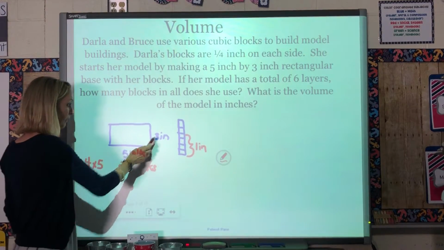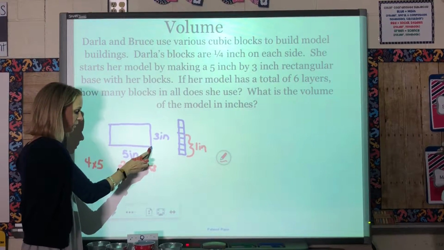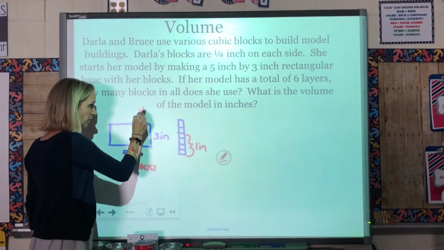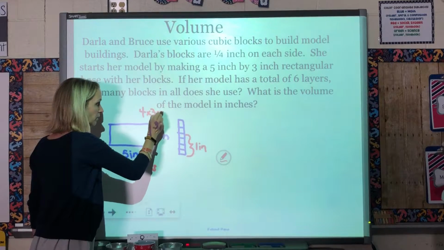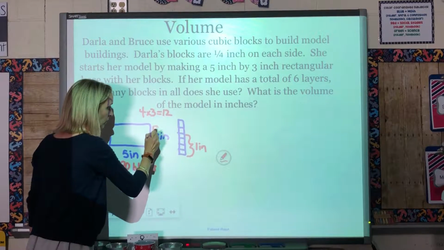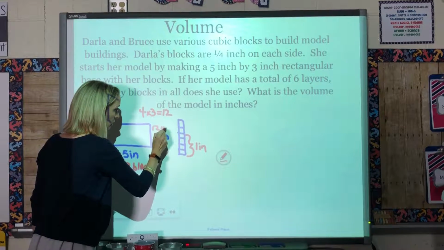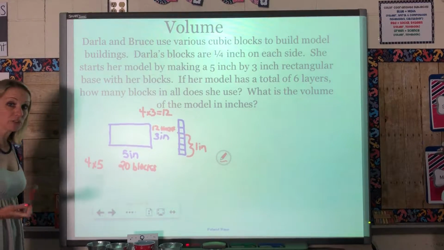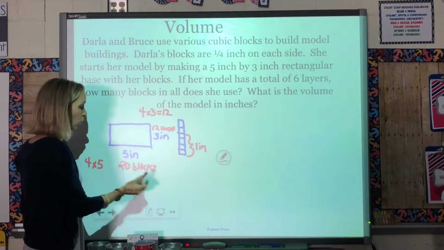And then same thing here. I know that I have 3 inches, and it's 4 blocks per inch, and I have 3 of them. So that gives me 12. So this is going to be 12 blocks.